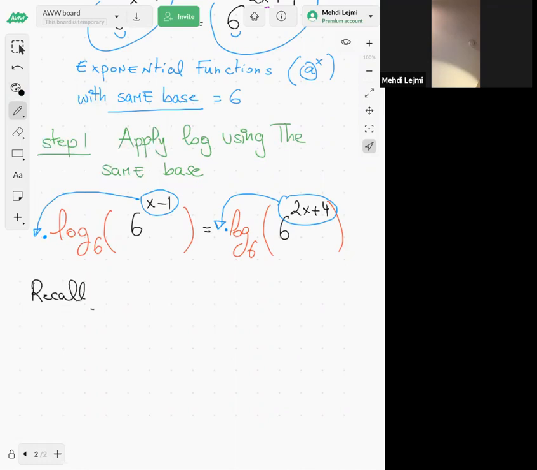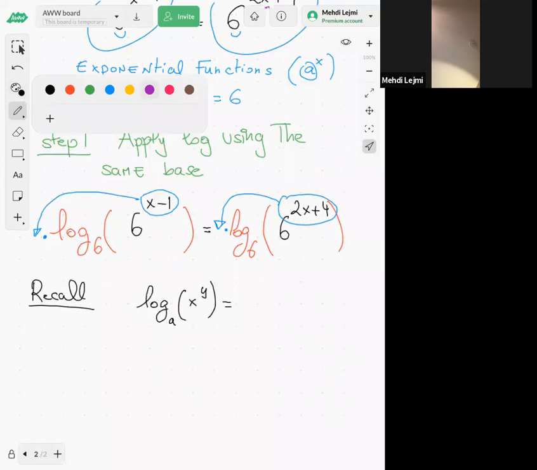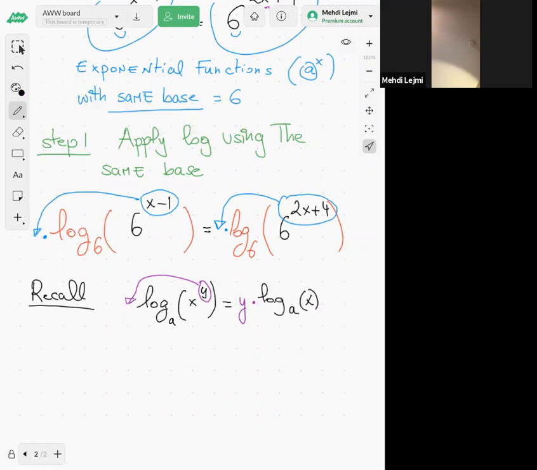If you have log in base a of x to the power y, then you can bring down the power y to the front of the log. That would be y times log in base a of x. So if you have some power inside the log, you can bring the power down in front of the log.